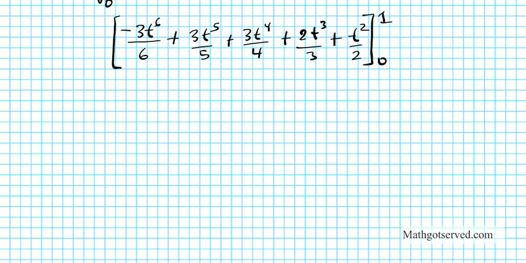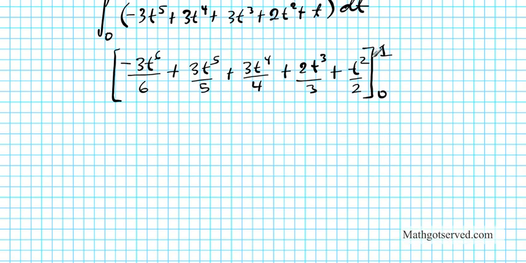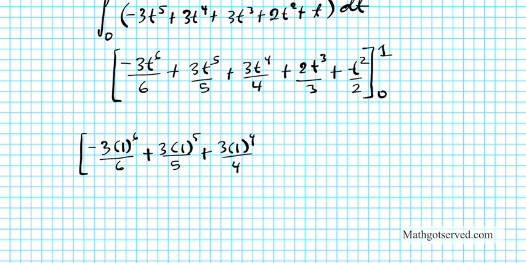Using the fundamental theorem of calculus, I'm going to plug in 1 into everything. So I'm going to have negative 3 times 1 to the 6th over 6 plus 3 times 1 to the 5th over 5 plus 3 times 1 to the 4th over 4 plus 2 times 1 to the 3rd over 3 plus 1 squared over 2, and then subtract that from what you get when you plug in 0.